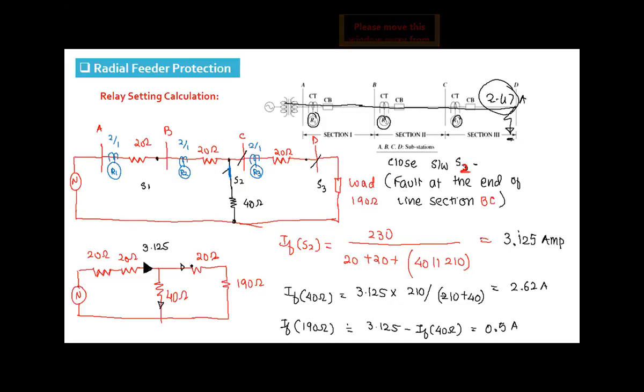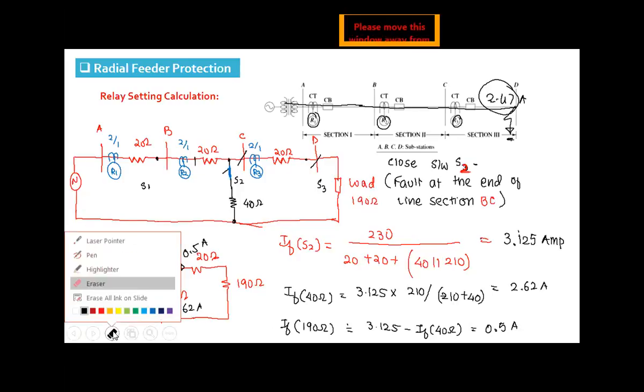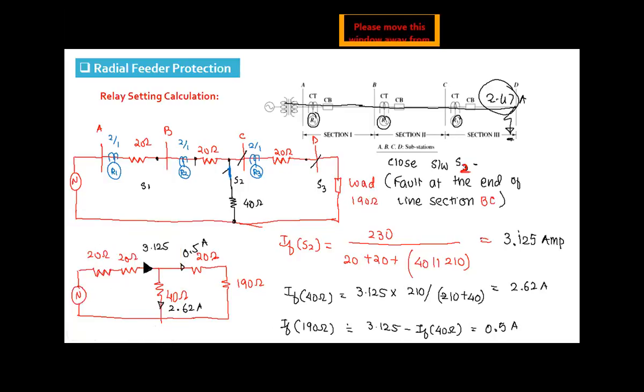The total is 3.125, out of which the current through the 40 ohm is 2.62, and the remaining current is 0.5 ampere.